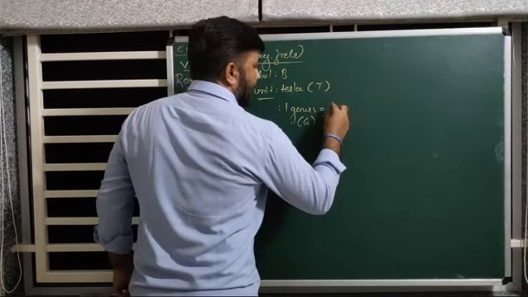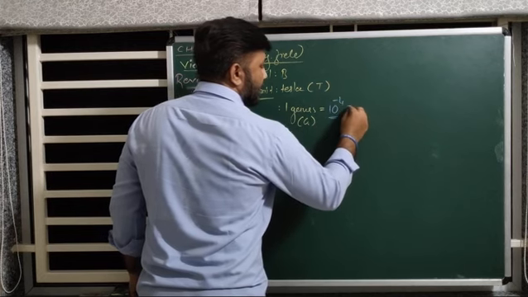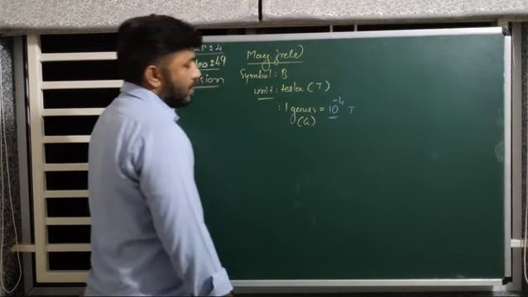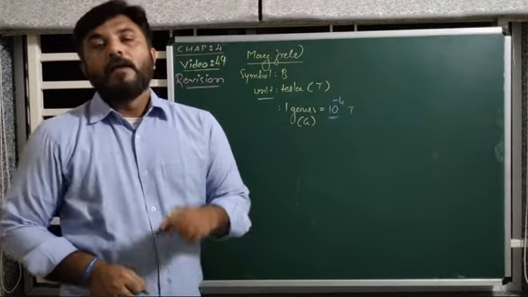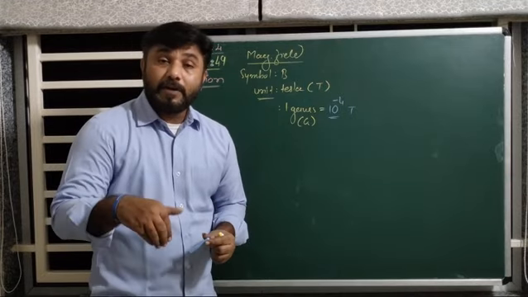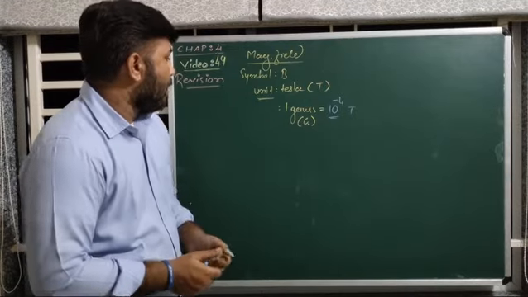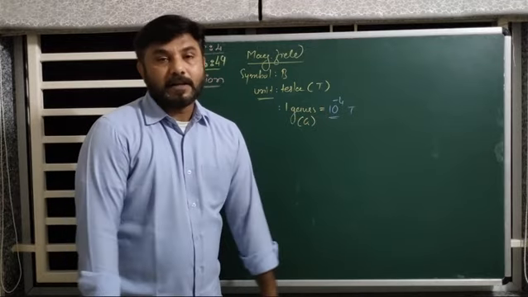It is 10 raised to minus 4 Tesla. So there is a conversion of Gauss into Tesla, and one numerical is already in our exercise that we have solved also. 1 Gauss is equal to 10 raised to minus 4 Tesla.